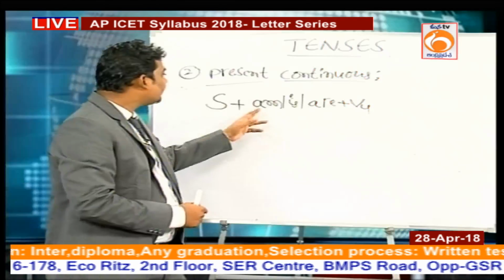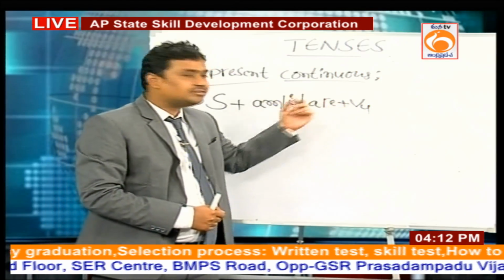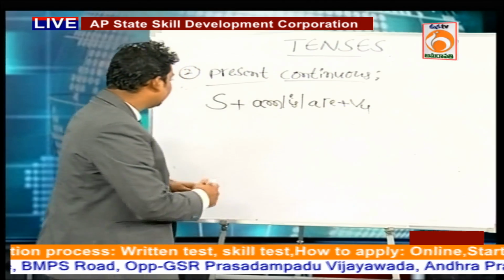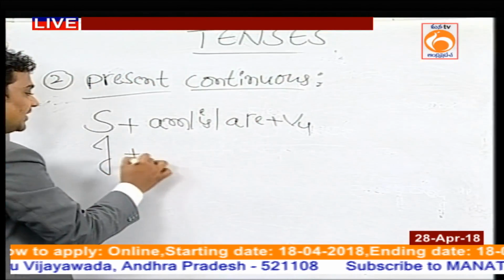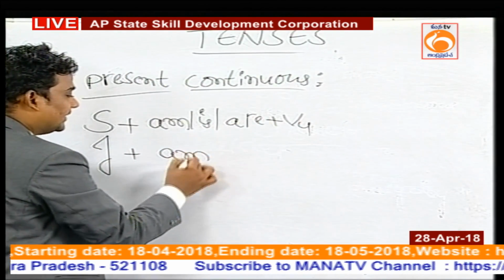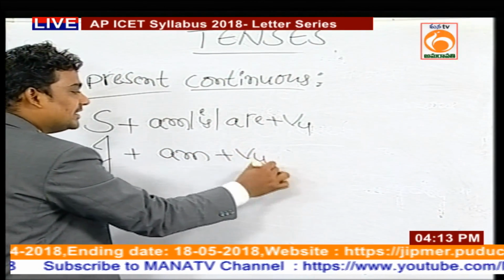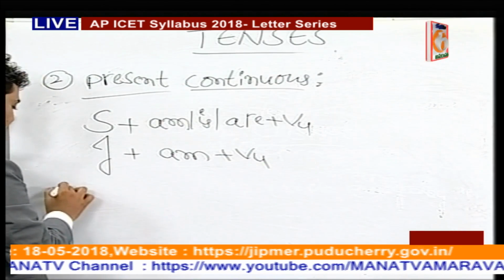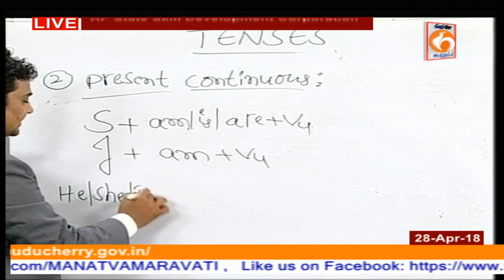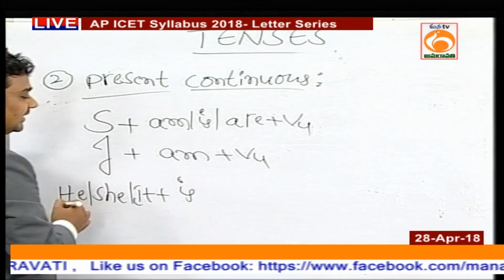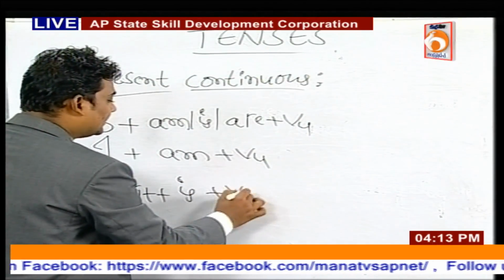Here am, is, are are helping verbs, and V4 is the main verb. You can see here carefully. I is the subject, and I always takes am plus V4. Next, he, she, it, third person singular, the helping verb is plus V4.